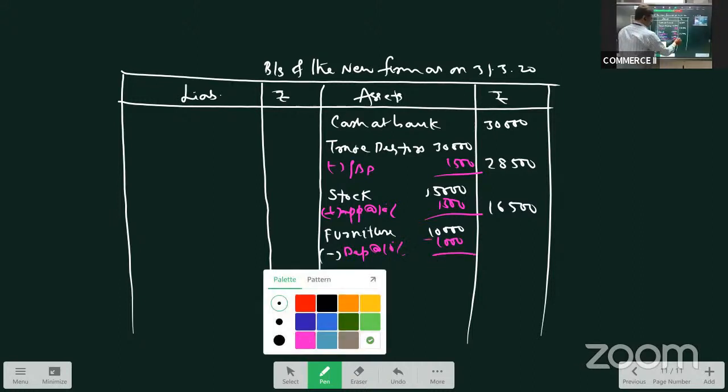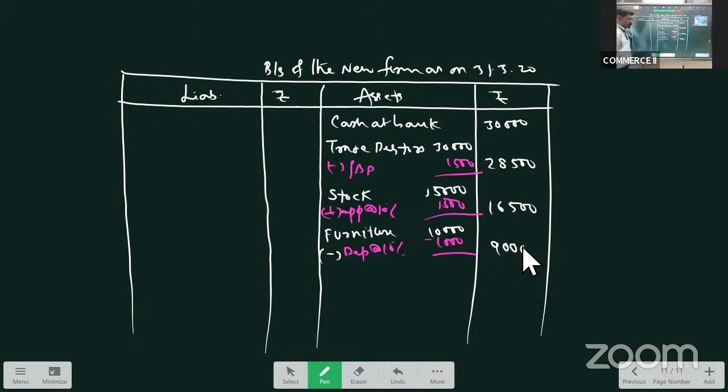And the book value now is 9,000. Then machinery. Machinery also is depreciated by 10%. Machinery appearing in the books is 20,000. It is depreciated by 10%.